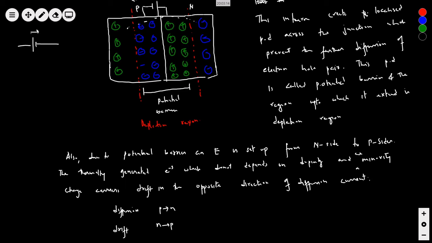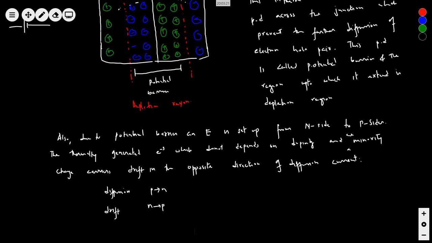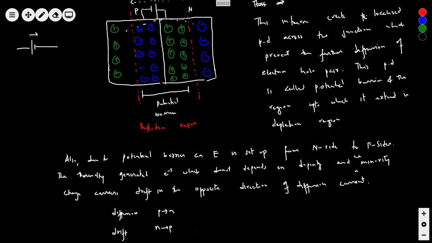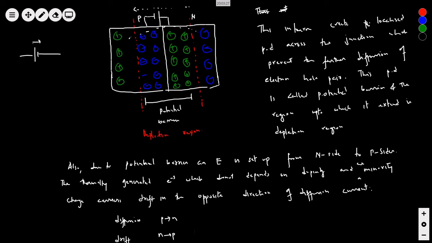But these are produced by thermally generated electrons, not by the doping. Because of the doping, the conduction has already stopped due to the formation of layers on either side of the junction, so no diffusion current takes place anymore.